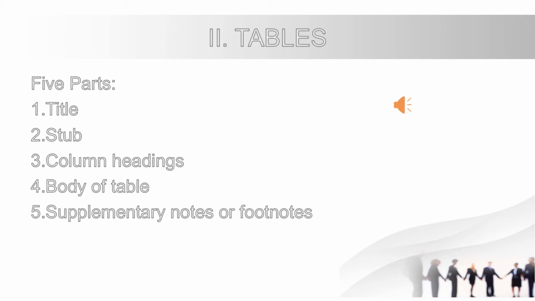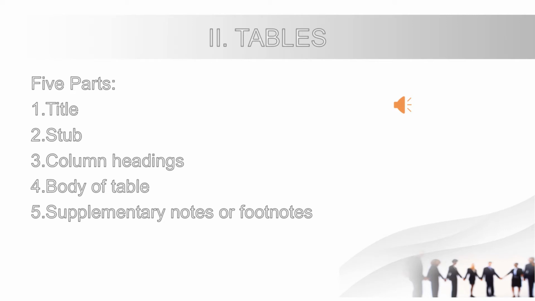What about the column headings, or what we know as the caption? The variable might have subcategories which are captioned. These subcategories are provided on the x-axis, and the captions are provided at the top of each column. Column headings indicate the basis of classification of the columns, or vertical series of figures.